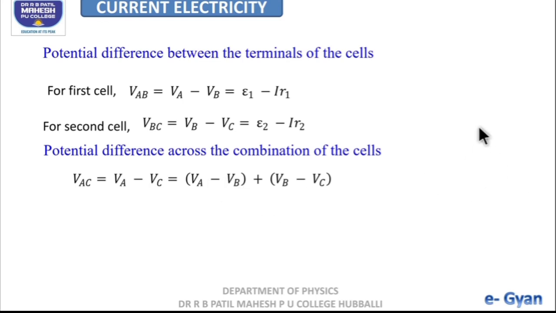This is equal to E1 minus I into R1 plus E2 minus I into R2. Rearranging the terms, we get VAC is equal to E1 plus E2 minus I into R1 plus R2. Let this equation be 1.